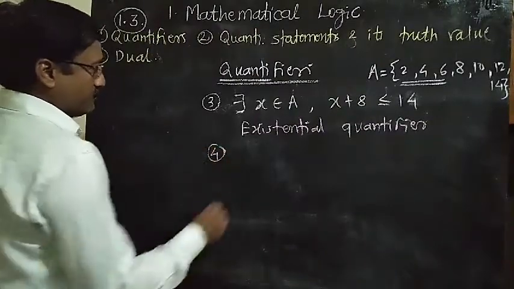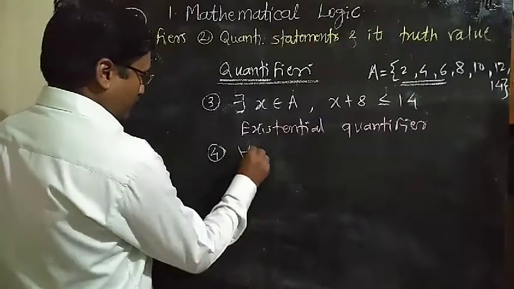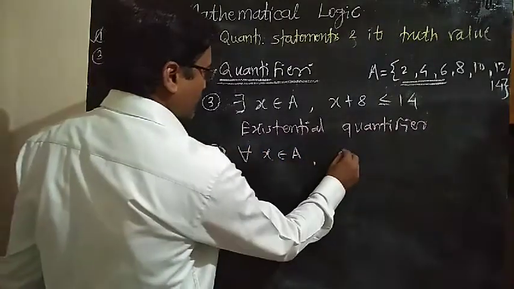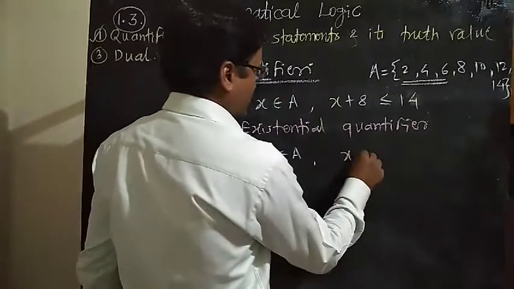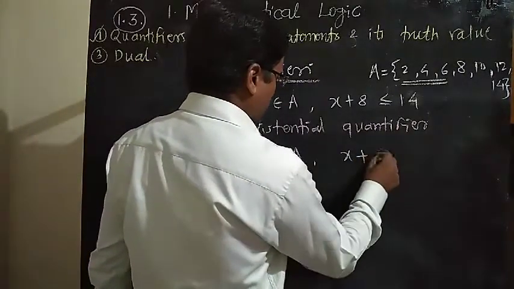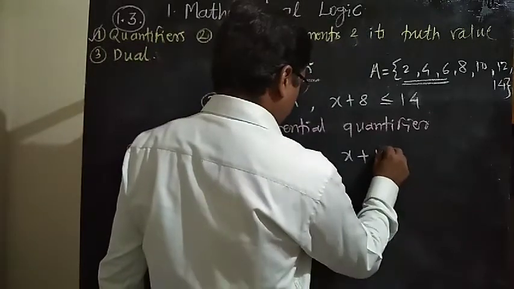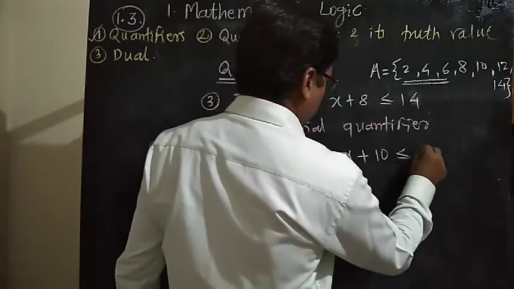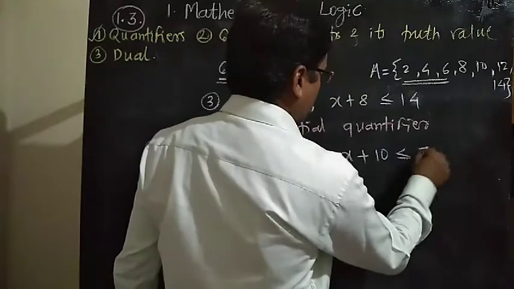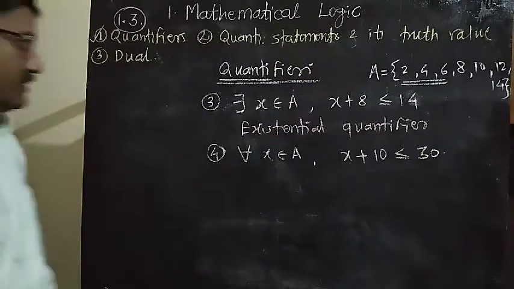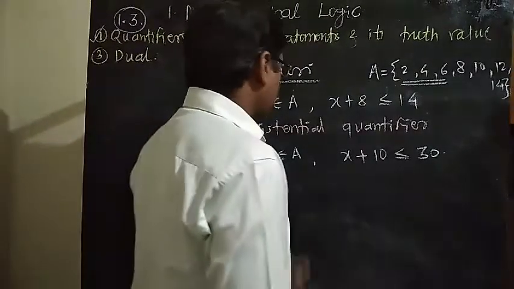Example number 4. For all x belongs to A, x plus 10 is less than or equal to 30. We can check whether this condition is satisfied or not.